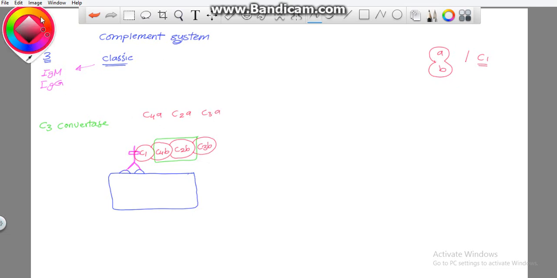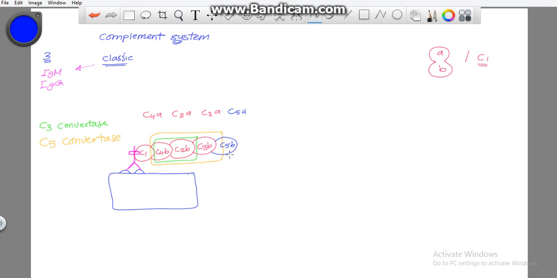Now this sequence is also an important sequence because this is called C5 convertase. C5 convertase, of course, splits C5 into C5a and C5b. Now, this is an important point to understand.